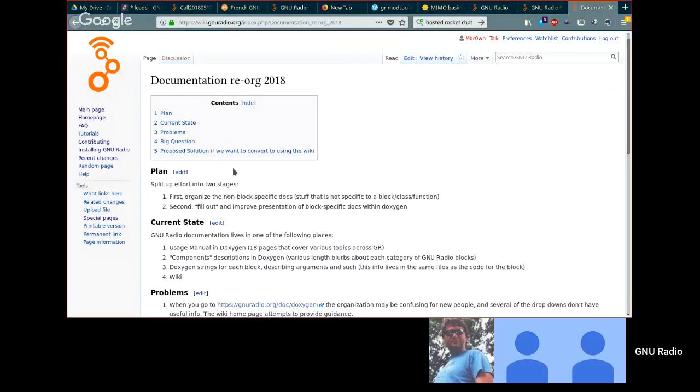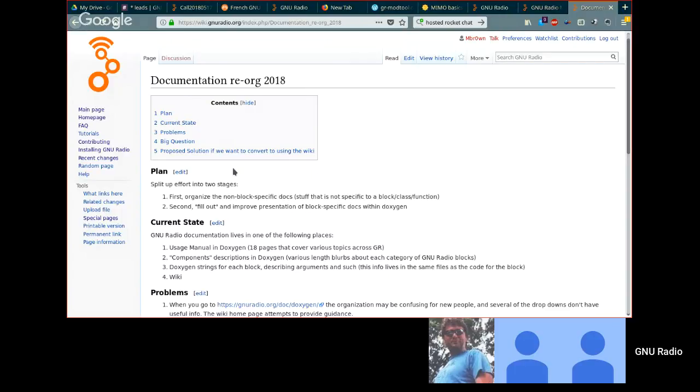Yeah. Well, that would be the very first step: deciding what goes where. I think it's pretty clear to everyone that the stuff that's specific to a block or class is in the API in Doxygen. There's not much of that in the wiki, and it might as well stay there. But other stuff, like tutorials, is kind of a separate thing.